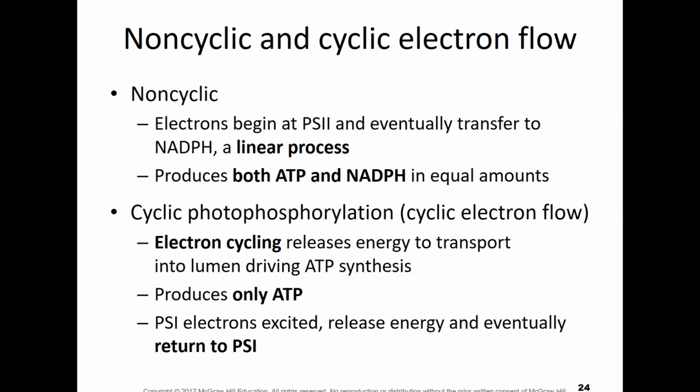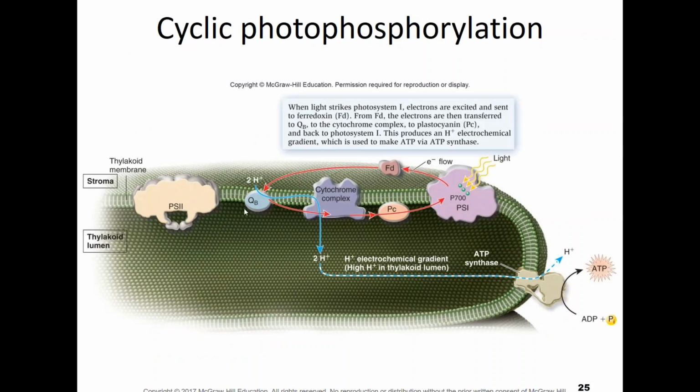And actually there's a feedback mechanism here where if there's a great deal of energy produced, if there's a lot of NADPH produced, it's going to go back and shut that off.